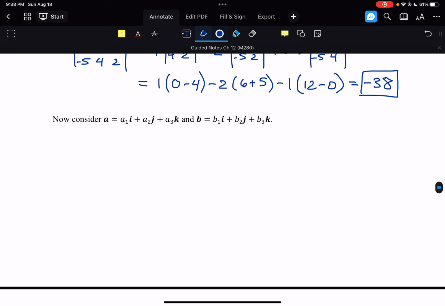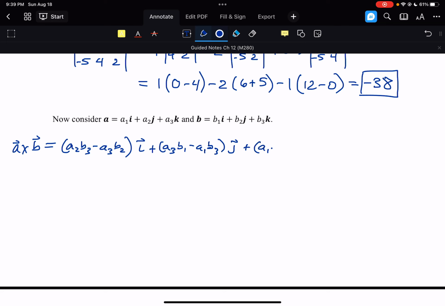So if we consider our two vectors A and B here, then A cross B, using our formula, is (A2B3 minus A3B2) i plus (A3B1 minus A1B3) j plus (A1B2 minus A2B1) k.